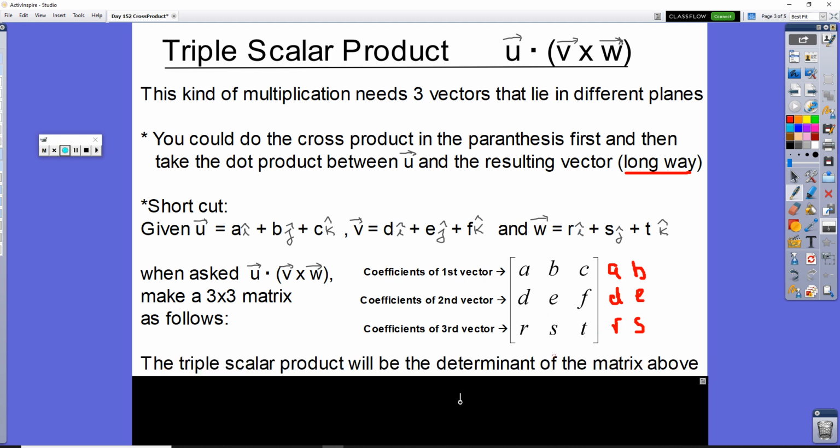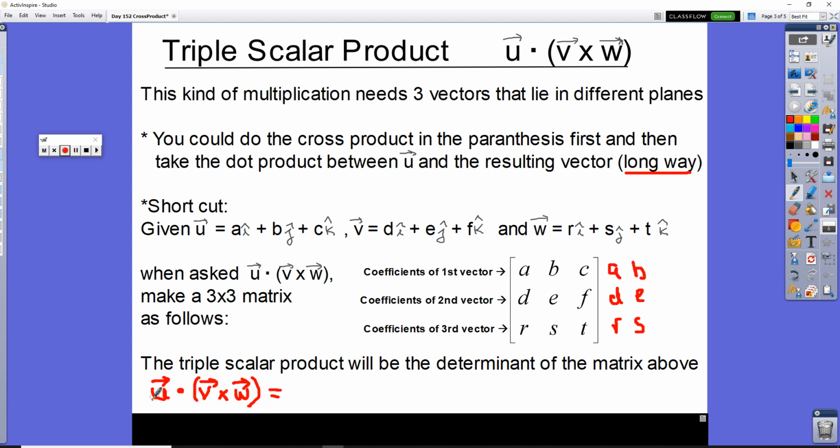Now what you want to do here to find the triple scalar product is take the determinant of this matrix. And again, whenever you want to take the determinant of a 3x3 matrix, you should copy the first two columns, a d r, b e s, right next to your matrix so you can finish all 6 of the diagonals.